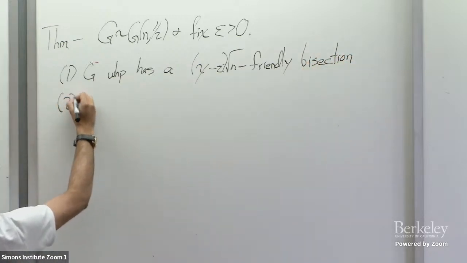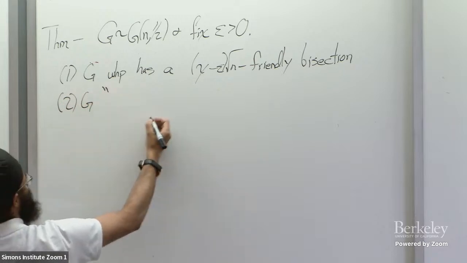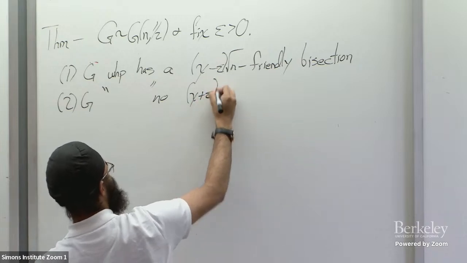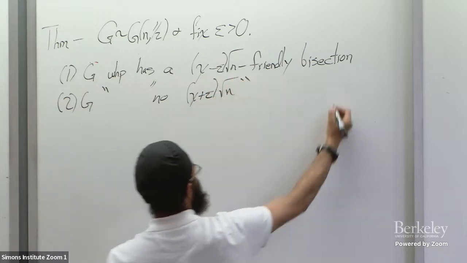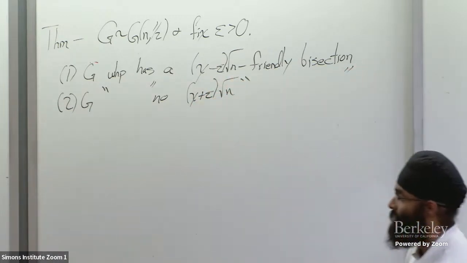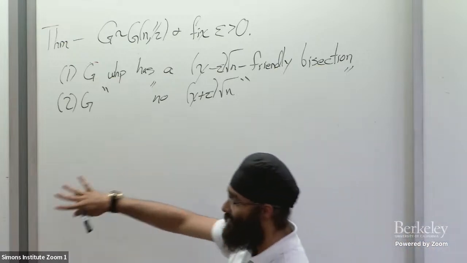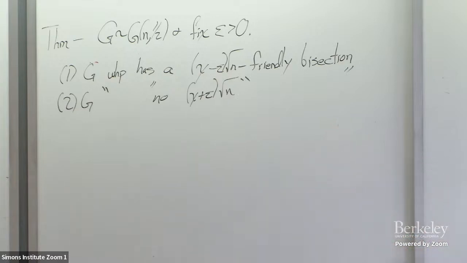And two, G with high probability has no (gamma plus epsilon) times square root n friendly bisection. So this is essentially a sharp answer to the question. A, you don't need any of these exceptional vertices, and B, gamma times square root n is just the sharp answer for understanding this property.